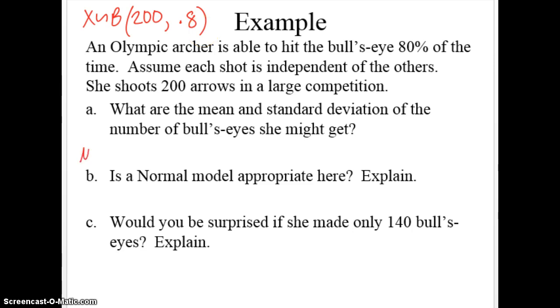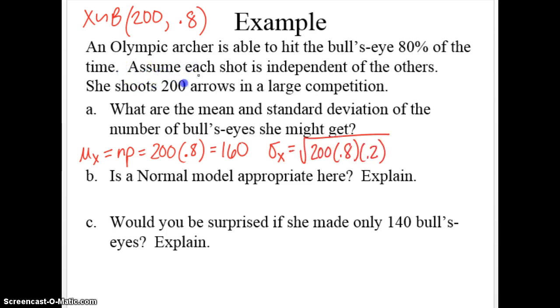So the mean of x is going to be np, which is 200 times 0.8, 80% of 200, which is 160. There's your mean. And then the standard deviation of x is going to be the square root of 200 times 0.8 times 0.2, which is about 5.7.